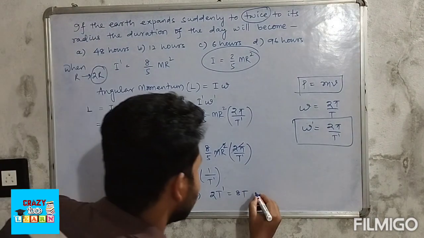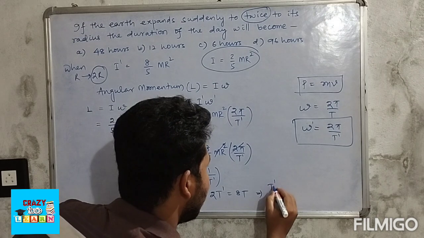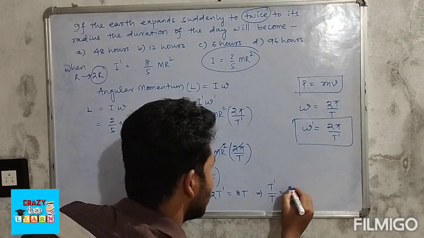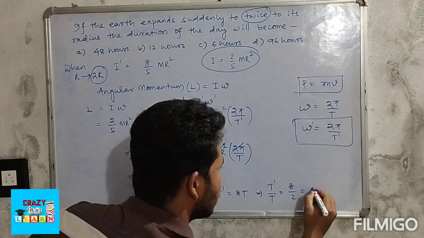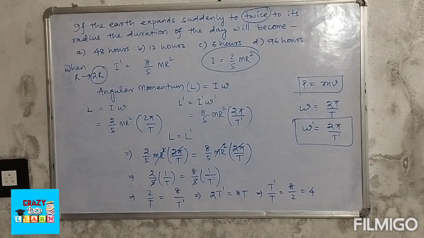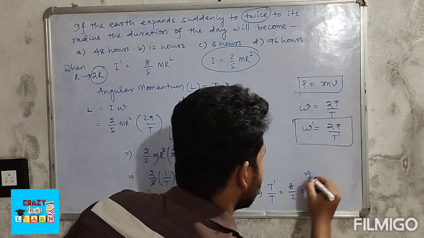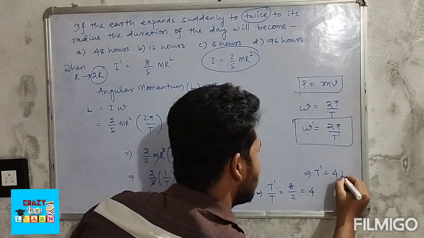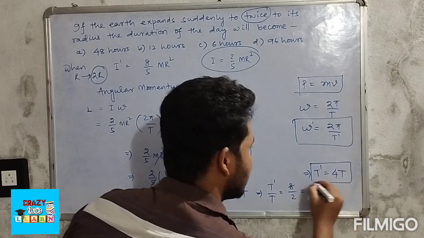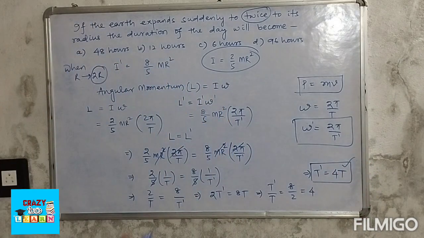Then t dash by t is equal to 8 by 2, that means 4. So what you are getting here? t dash is equal to 4t. So the new time period is equal to 4 times the previous time period.